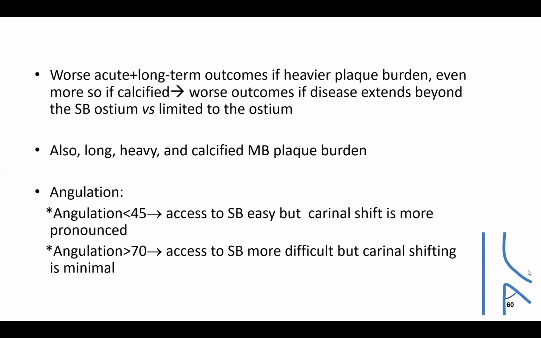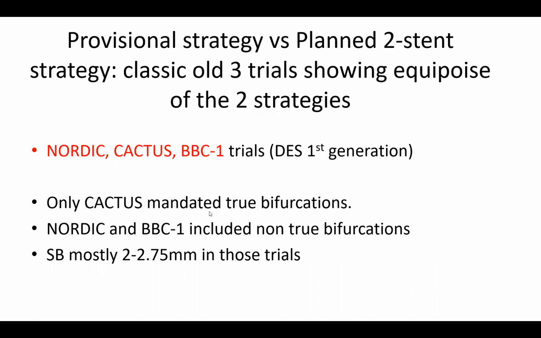Conversely, if you have a very steep 90 degree or close to 90 degree angle, you get less carinal shifting, so you're less likely to have a pinching of the side branch, but it's harder to rewire that side branch should it get compromised. So that's why both extreme angles are not favorable.